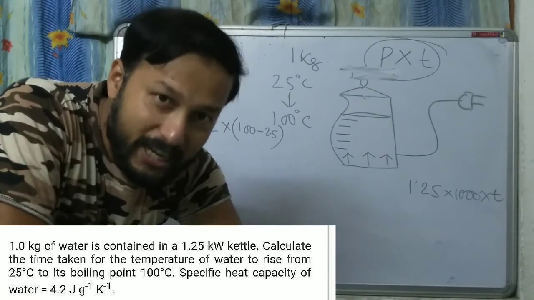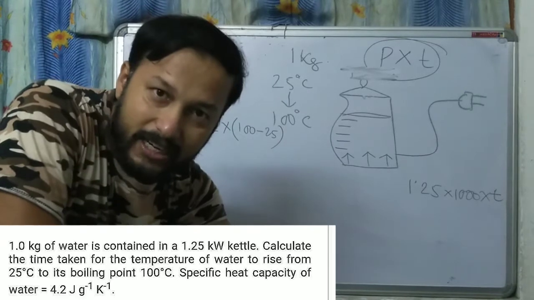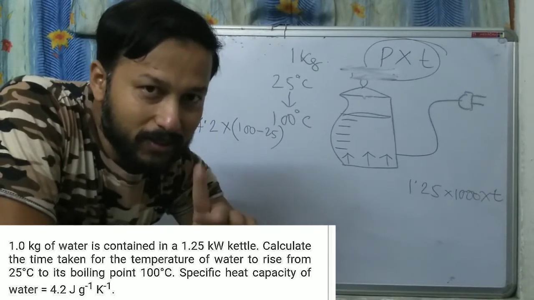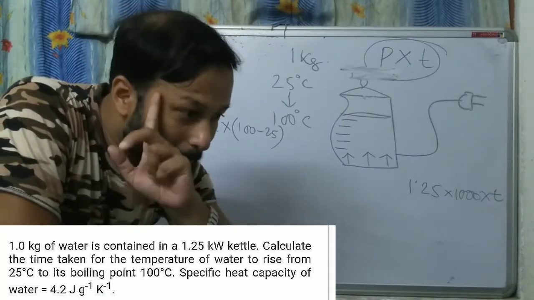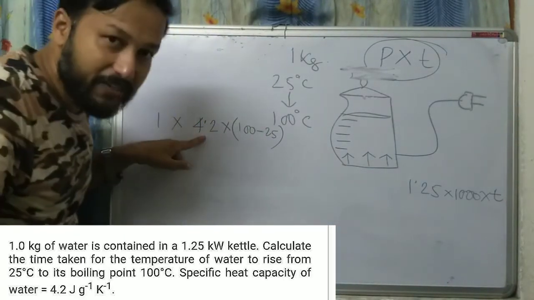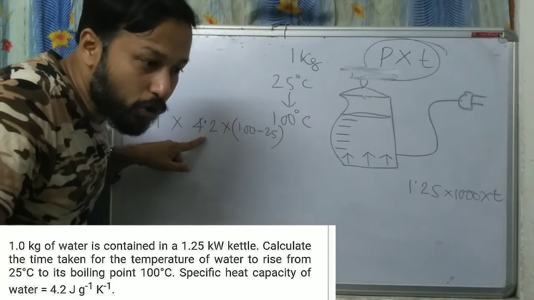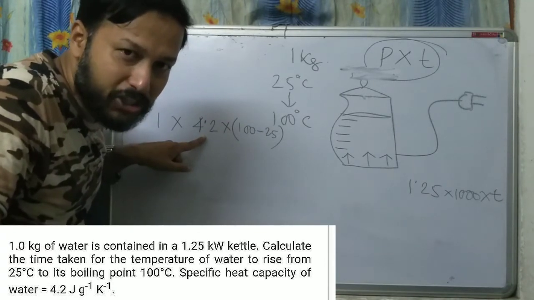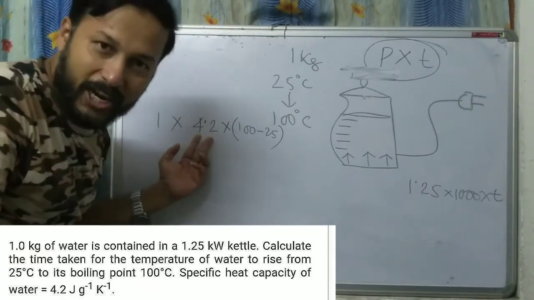Mass of water is in kg, but the specific heat capacity is given per gram. So they are not matching. So let us change it. 4.2 has to be changed.